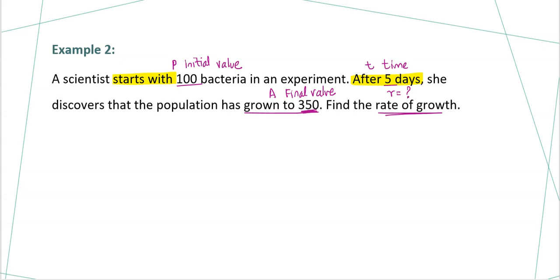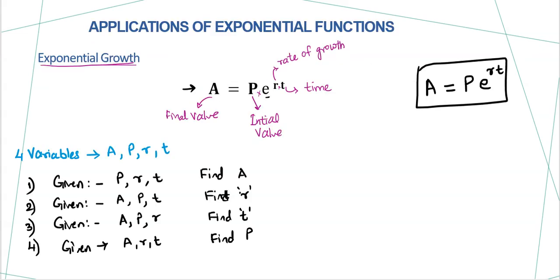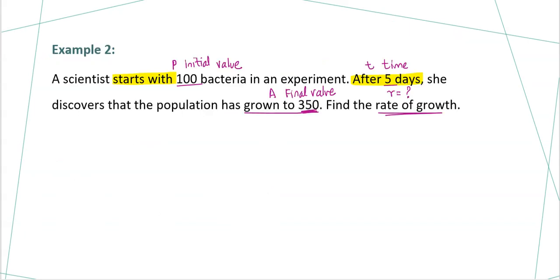So let's match which of the scenarios from 1, 2, 3 and 4. Definitely the second, because you have to find r. They gave you A, P, and t. So let's first write the exponential equation in this form: A equals P e to the power rt.